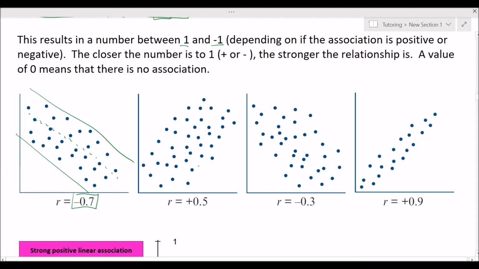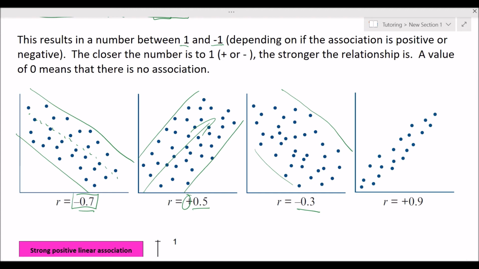Okay, here's our next example. The direction is positive, it's going up, so it is a positive number. But you can see it's even more spread out than the previous example because the number is 0.5. It's a little bit further away from 1 than 0.7. Even more so, 0.3, you can see those dots are really far apart now because we're getting closer and closer to 0.